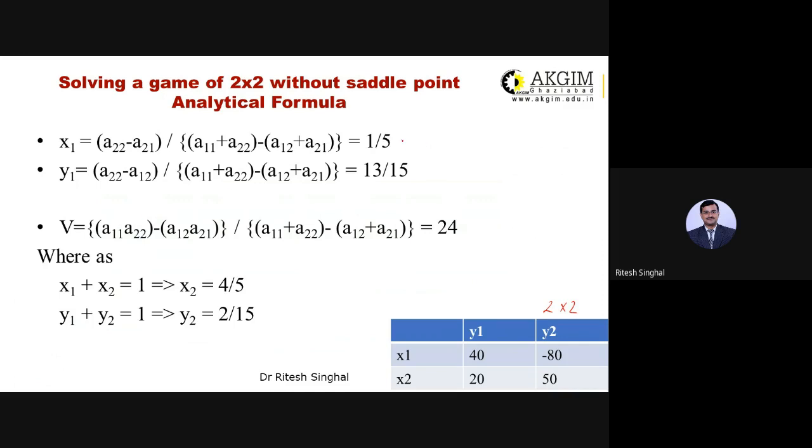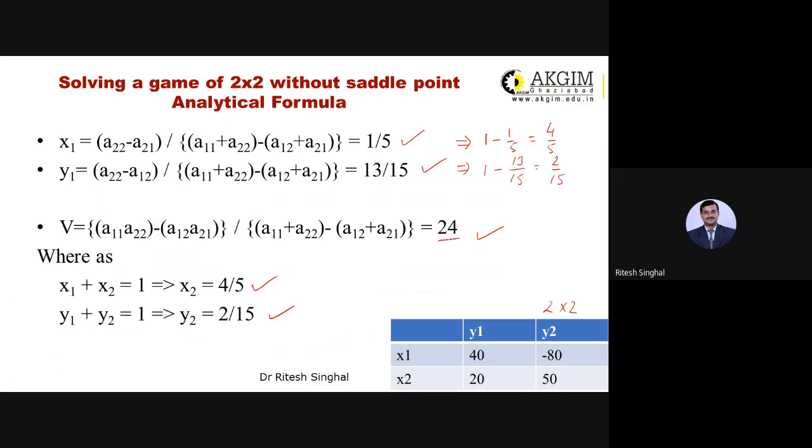Now the values of x1, y1, x2, y2, and v. x1 is 1 by 5, and similarly x2 would be 1 minus 1 by 5, that is 4 by 5. Similarly, 13 by 15 is y1, and we can find y2 using 1 minus 13 by 15, that is 2 by 15.